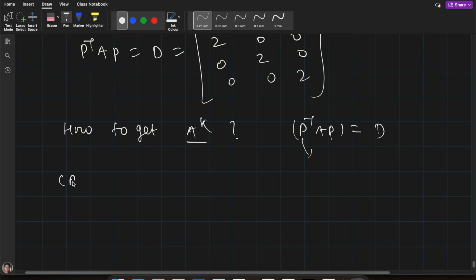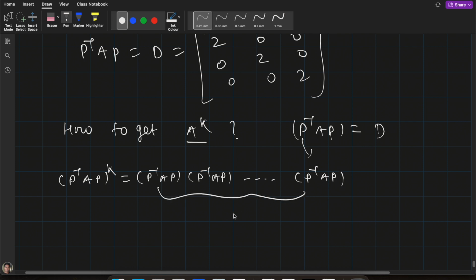So I know that (P inverse AP) raised to the power k equals P inverse AP, P inverse AP, dot dot dot, P inverse AP, and these are k times.